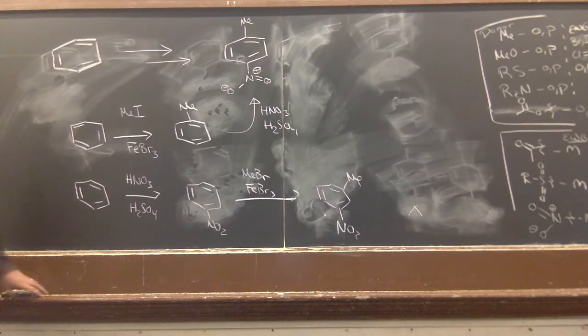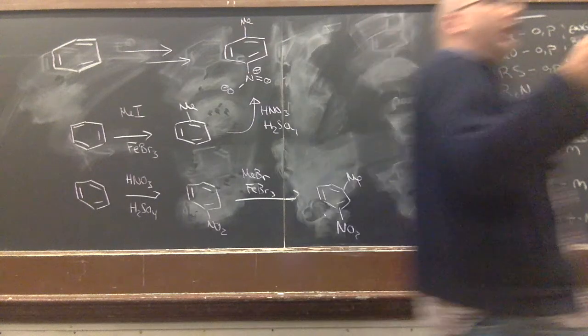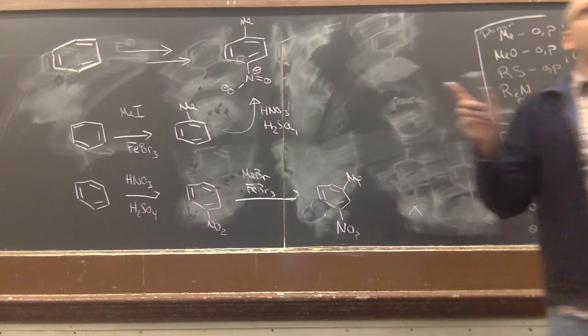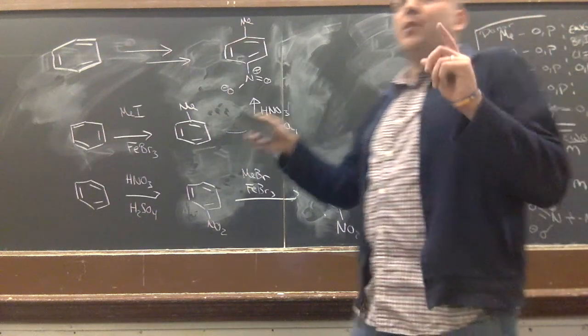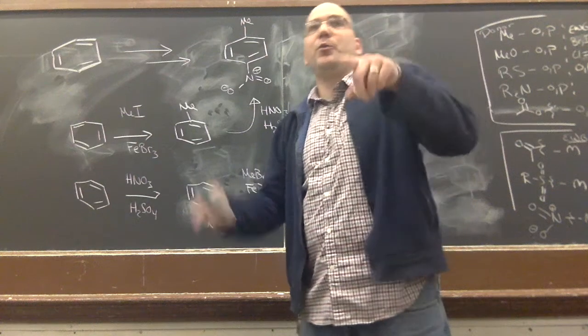All right, so this was a fairly straightforward example because there's only one group, and then we were playing in a second group. The question next becomes, what if we have two groups on there, but the locations they direct to are at odds with one another, where one group might put you at one position on the ring, but the other group would put you at another position.